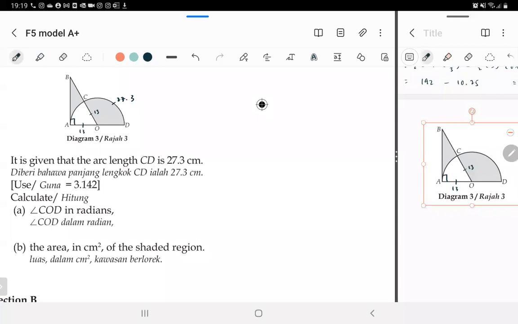What do you get? COD. 2.1. 2.1, correct? For B, area.